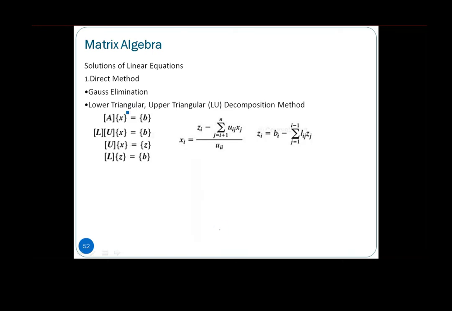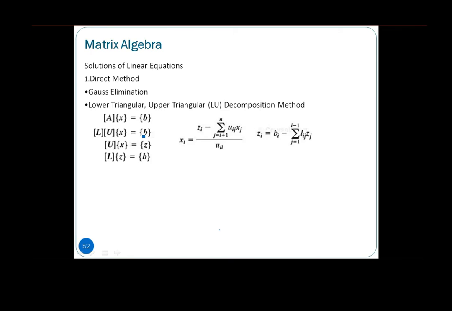Instead of using A directly, it is decomposed into two matrices, L, the lower triangular matrix, and U, the upper triangular matrix. From there, it assumes that U multiplied by X equals Z, and L multiplied by Z equals B.